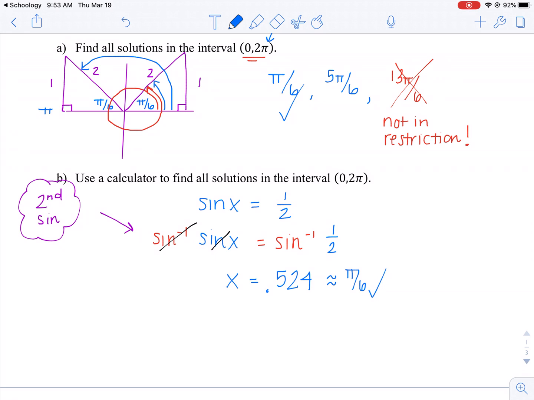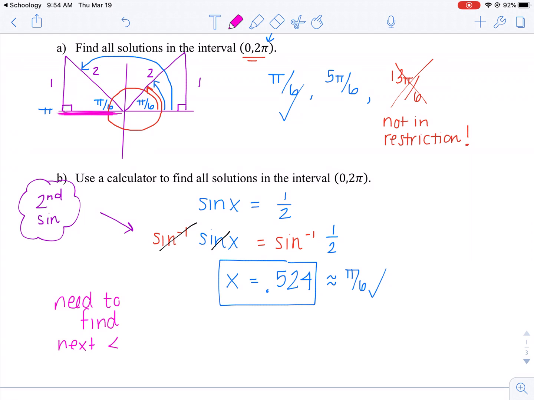I found my first angle. Now, the calculator will only give you one. What kind of stinks is you now need to find your other angle. So I'm going to write need to find next angle, however you want to write it. How you do that is you think about your unit circle, you think about what quadrant sine is going to be positive, and I'm at pi.